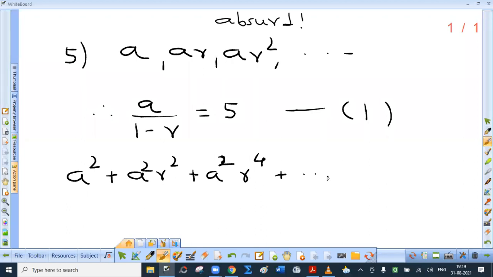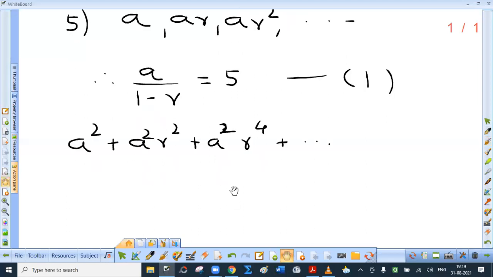For this, first term is a square and common ratio is r square. Here, sum to infinity is 15.